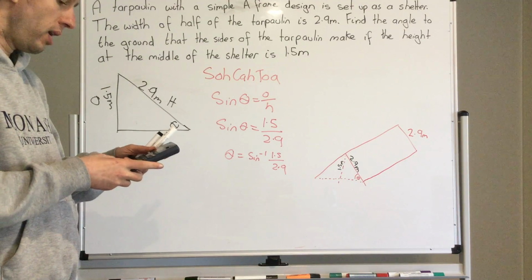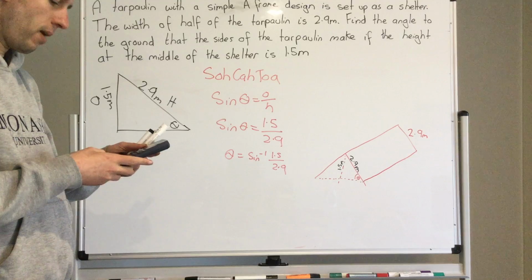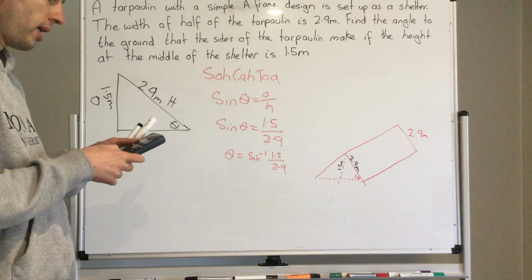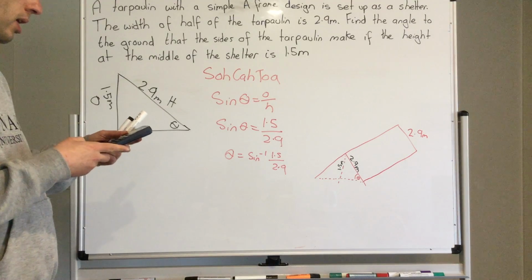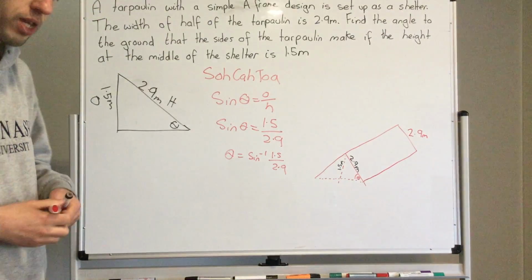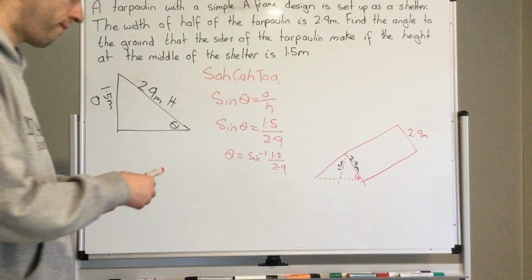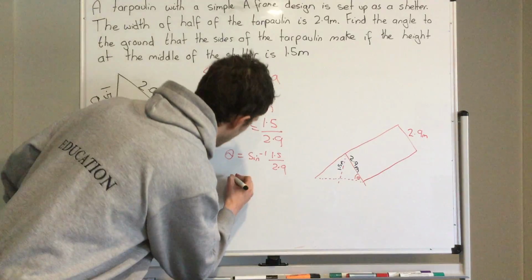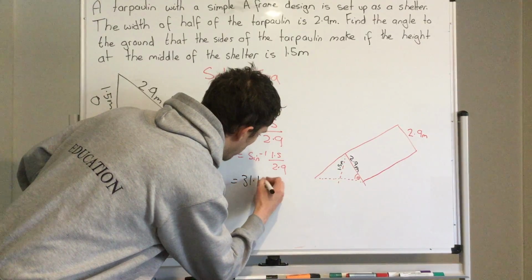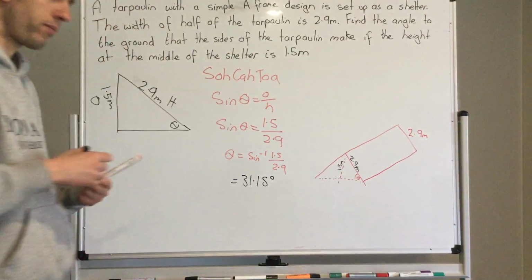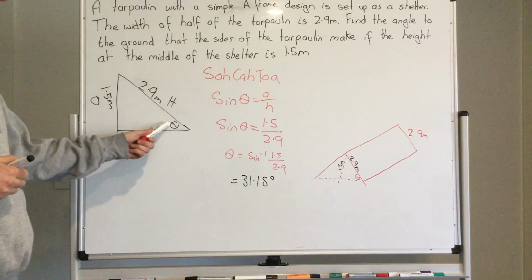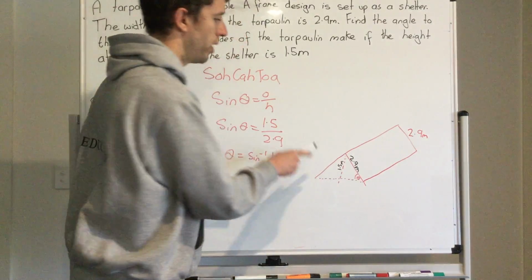Sine negative 1, 1.5 divided by 2.9, and we get the answer 31.15. 31.15 degrees. And that is our angle in our corners.